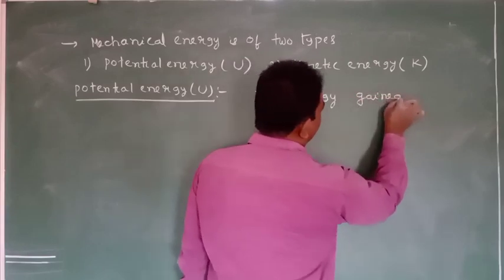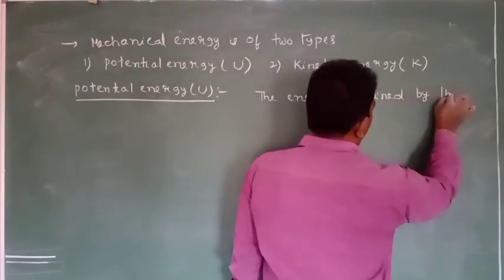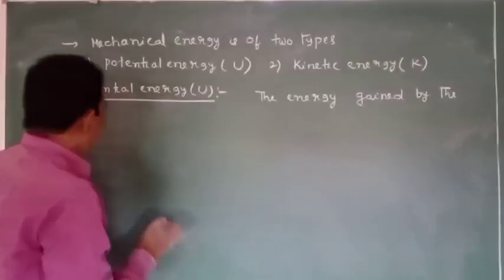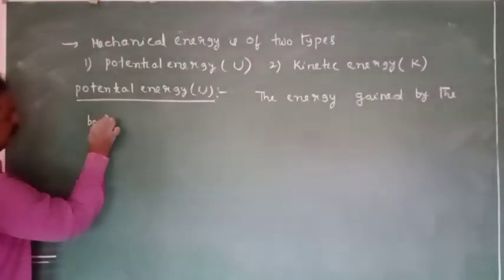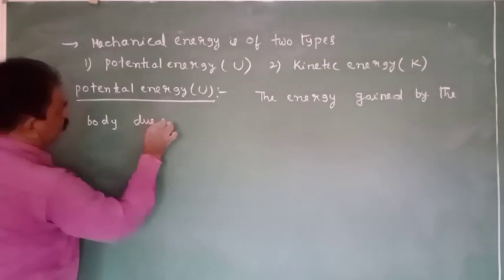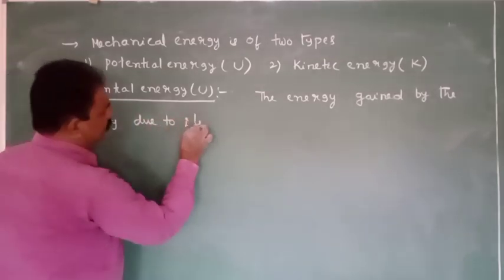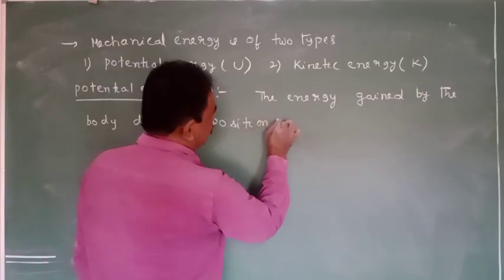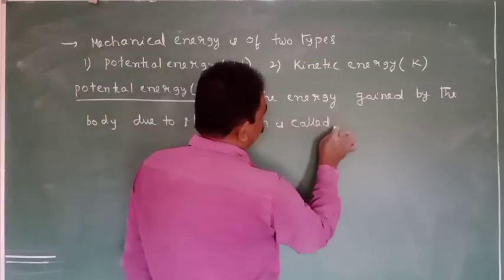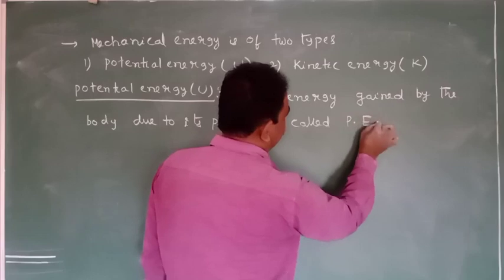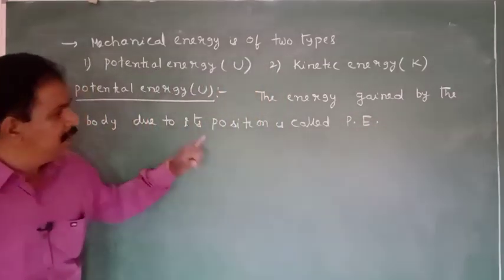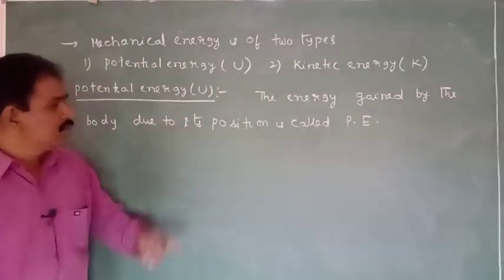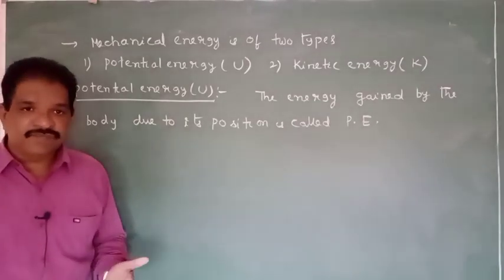The energy gained by the body due to its position is called potential energy, because of its position.